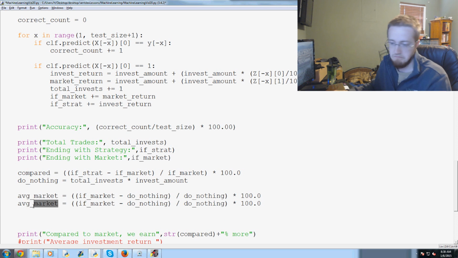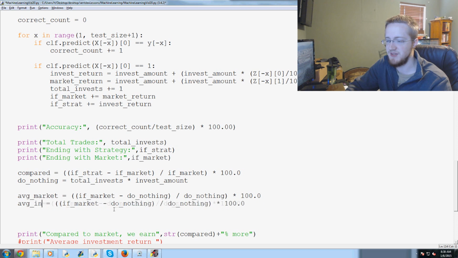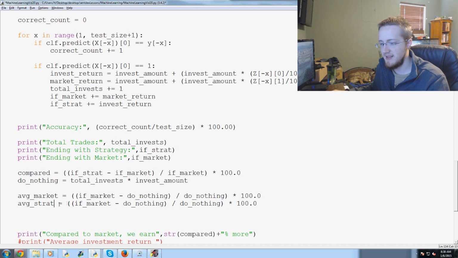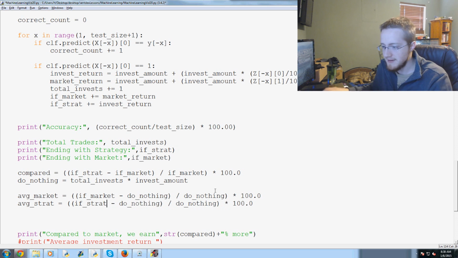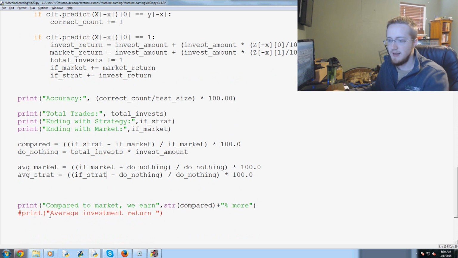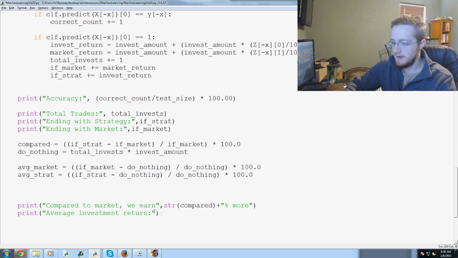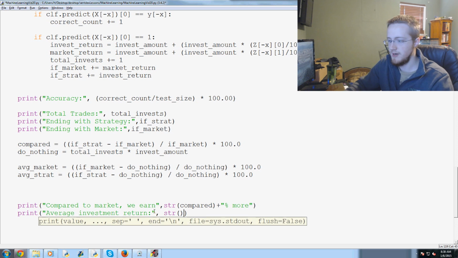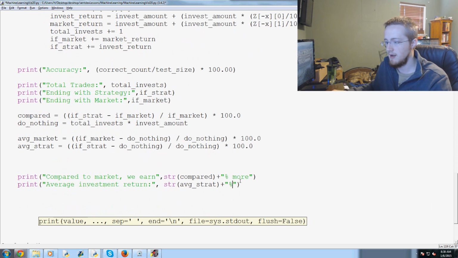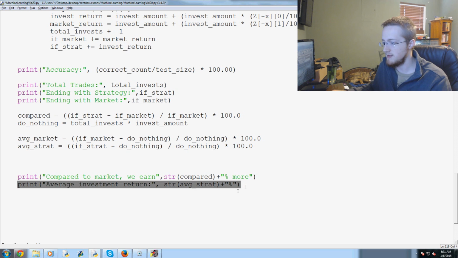And then we'll do average invest. I don't know, not sure what to call that. Average strat. That's what we should call it. So that's average market, average strat, and now we can say average investment return, colon, string avg strat plus percent, and then let's just copy and paste this line.